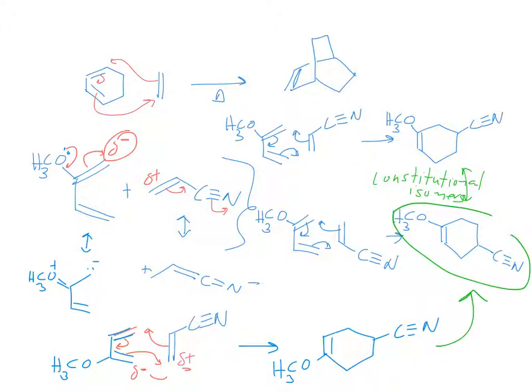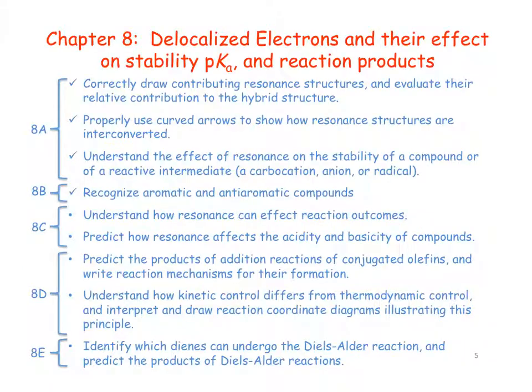All right, so that's all we're going to learn about the Diels-Alder reaction. In this chapter we first learned about resonance. We learned how to use arrows to draw resonance contributors, and we learned a series of rules to predict which resonance contributors are more stable than others.